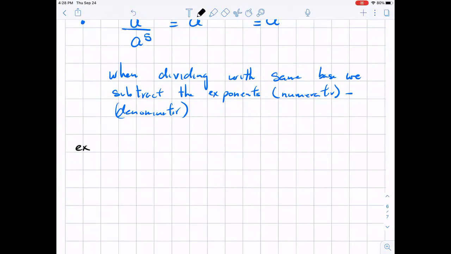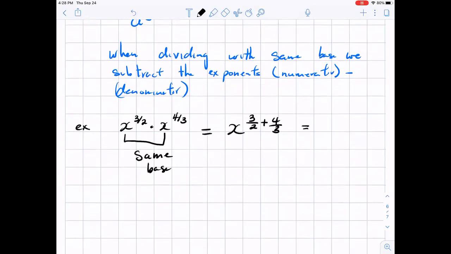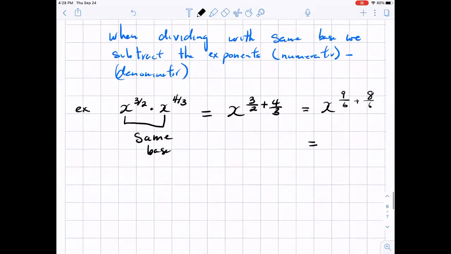So now with that being said, going back to what we've said, don't get too confused with this. For example, if I ask you, what is x to the 3/2 times x to the 4/3? Well, since the bases are the same, this becomes x to the 3/2 plus 4/3, which now becomes, with the same denominator, common denominator will be 6, so this becomes 9/6, and this becomes 8/6, which is now equal to x to the 17/6 power.